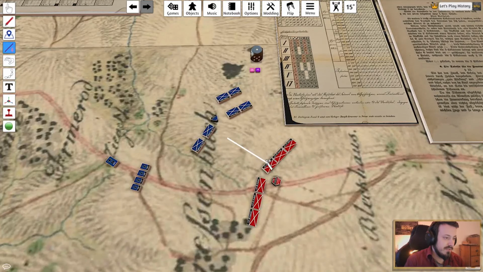So 4 grids are 400 paces. Okay, understood. And that means then that 100 paces are roughly 0.94 centimeters, so 94 millimeters. And you can calculate the sizes of the blocks accordingly.